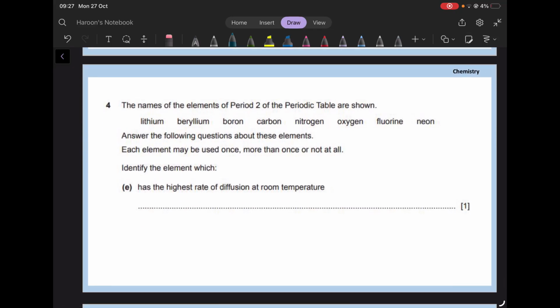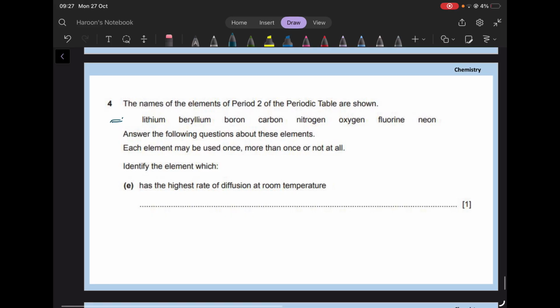Okay, identify the element. We have been given a list over here which has the highest rate of diffusion. So lowest mass is what we are looking for. So cancel out all these solids. These are solids. Nitrogen is N2. This should be 28. Oxygen is O2. This should be 32.